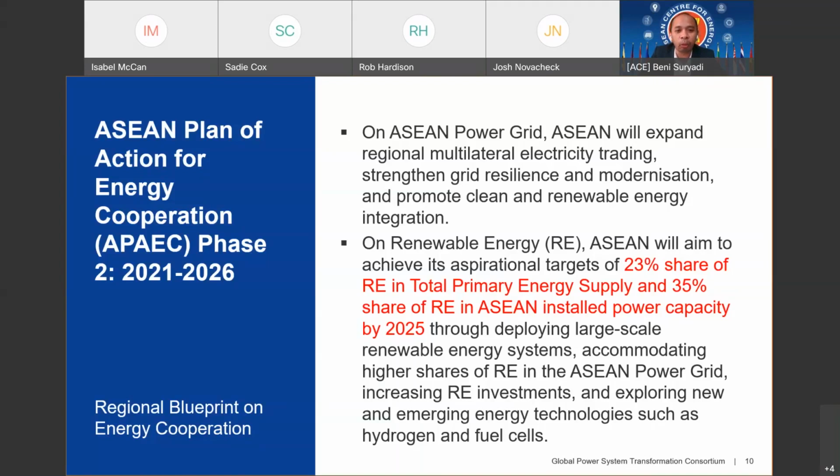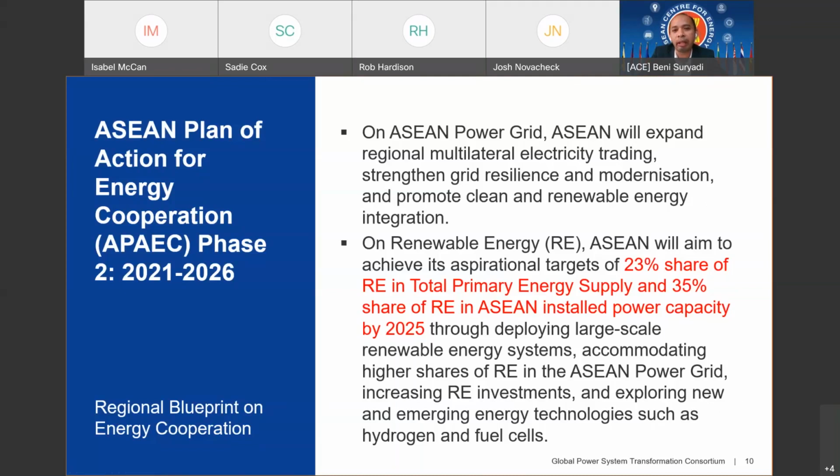But 2 points that I would like to highlight this morning: one is the ASEAN power grid, where we in ASEAN would like to expand regional multilateral electricity trading, strengthen grid resilience and modernization, and promote clean and renewable energy integration.